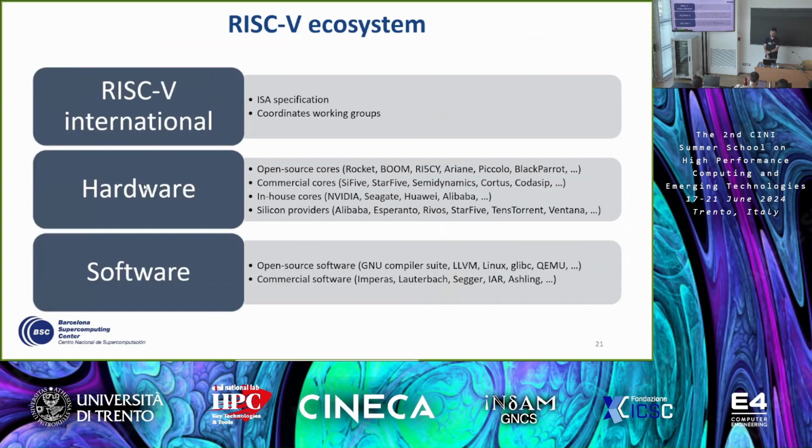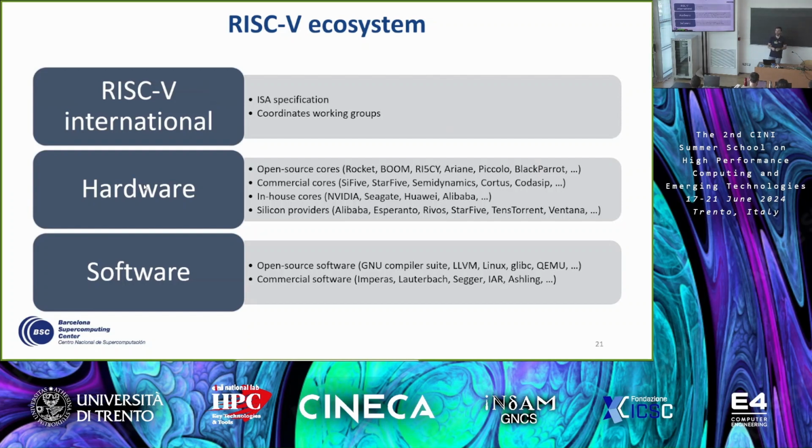Then the ecosystem. You can come and say, hey, man, even if you give me a chip, I don't mind if it is Intel, ARM, or RISC-V. I need a compiler, and I need something to compile my software and run it. So the idea with RISC-V is that you have RISC-V International, the entity that controls the definition of the standard and coordinates the working groups and so on.